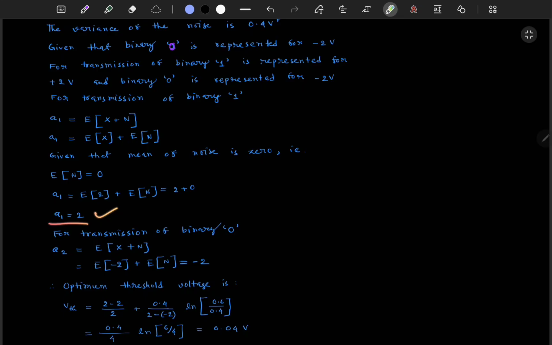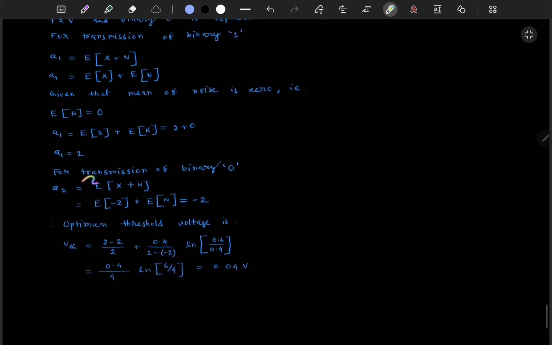So A1 equal to 2, since x equals 2 here. For transmission of binary 0, we calculate A2 as E of x plus n. Here x is minus 2, so A2 equals minus 2.